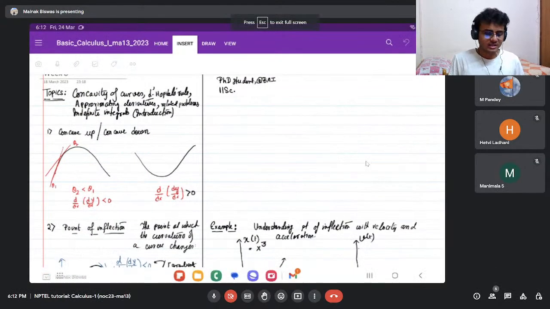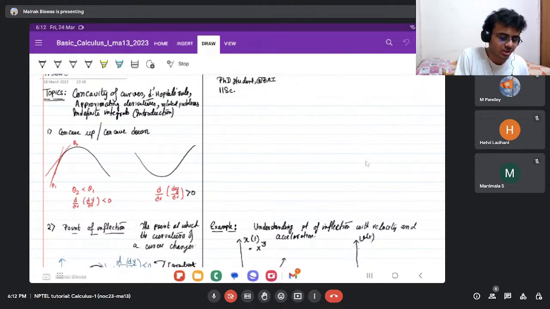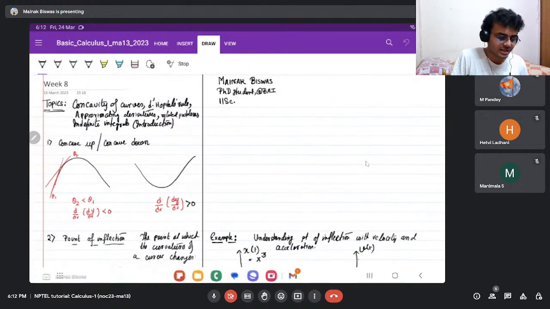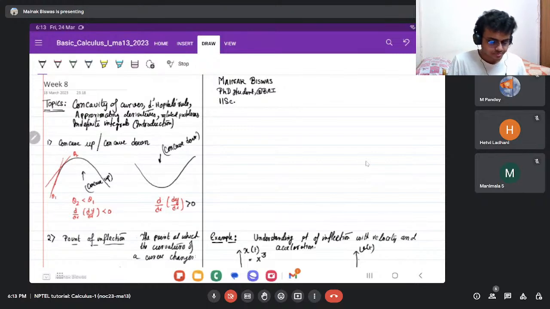So today let's start with, I think I had just briefly talked about concavity of functions in the previous session. What did I say? This is known as concave up, and this is concave down, or you can think of it this way.